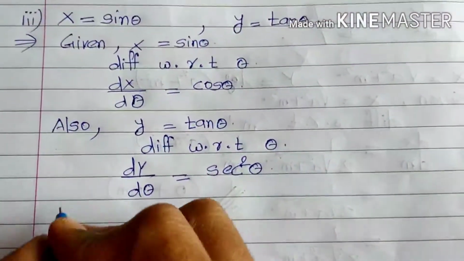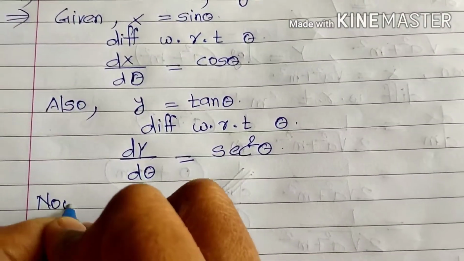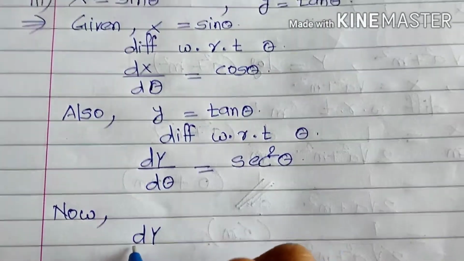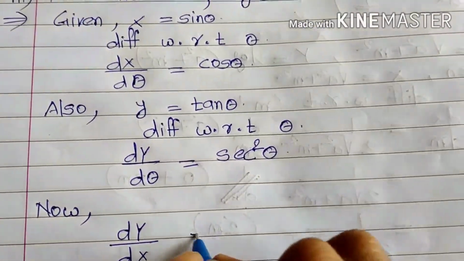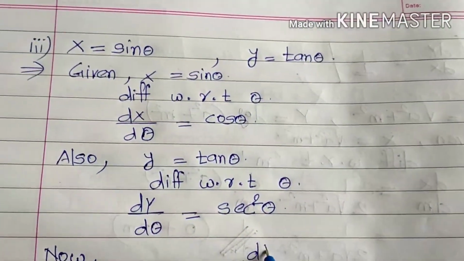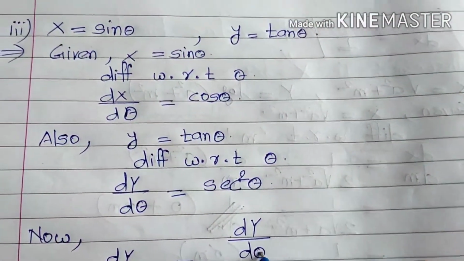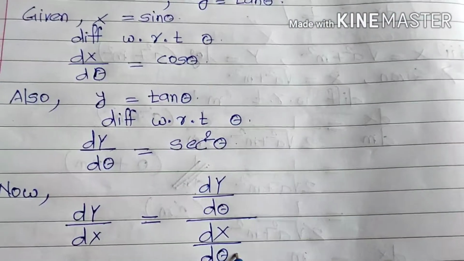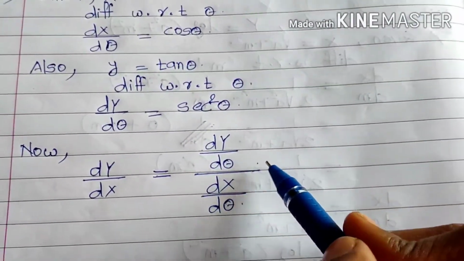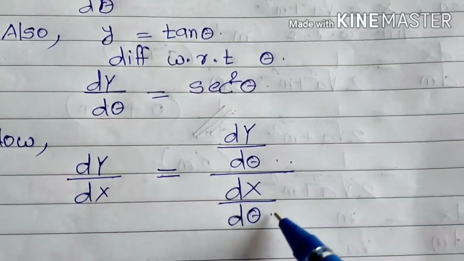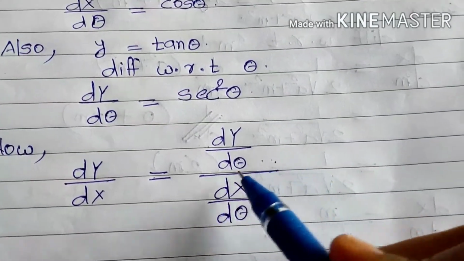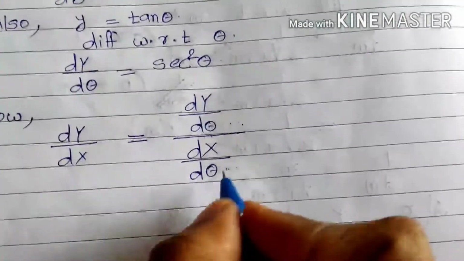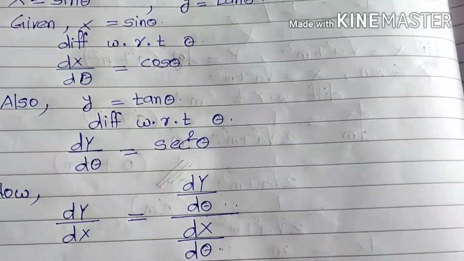So now use the formula dy upon dx is equal to dy upon d theta upon dx upon d theta. Here the formula is changed with respect to the parameter, so remember it as it is, with parameter theta, and now put the values.